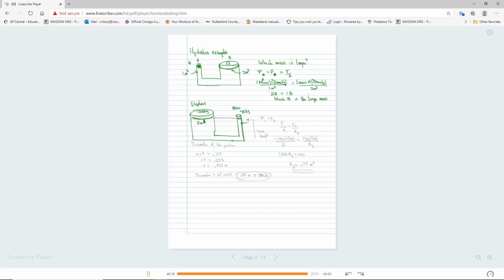So a man is standing on a platform. A 70 kilogram student balances a 1,200 kilogram elephant on the hydraulic lift. What is the diameter of the piston the student is standing on? Well, pressure 1 has to equal pressure 2. They're at the same height.